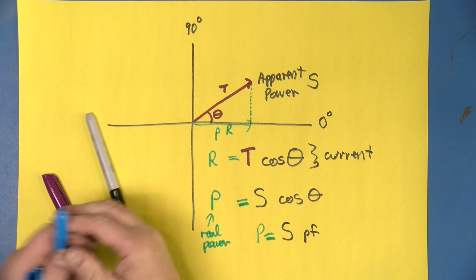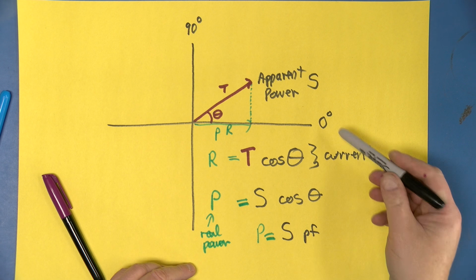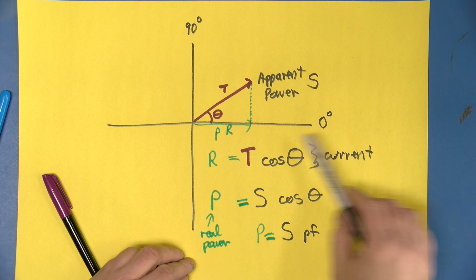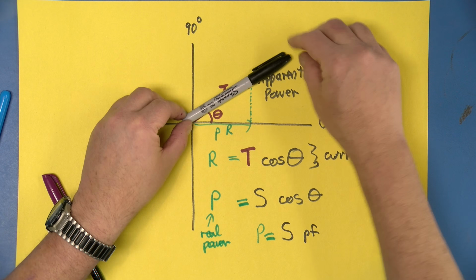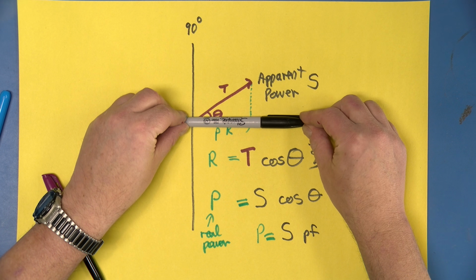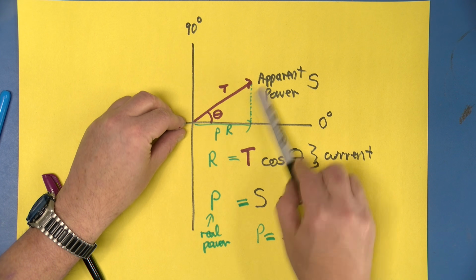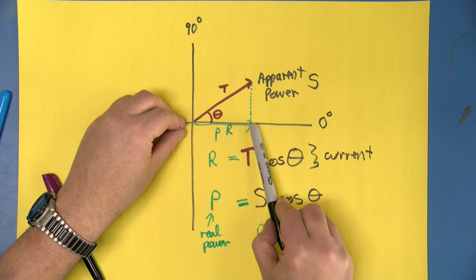And the power factor is typically a number between 0 and 1. If it's 1, it means the angle is 0 degrees. Everything is in phase. All the power is real power. So the length of the apparent power and the real power is the same.